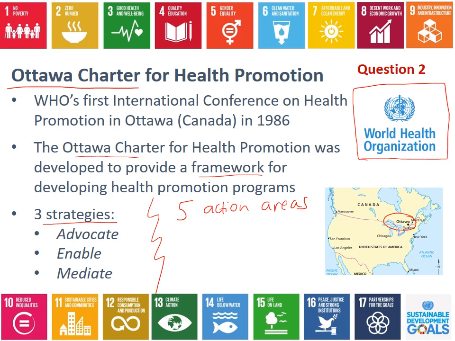What we'll look at next week is the 5 action areas. This is part of the Ottawa Charter as well, but it's more to do with specific things to do. Just like I said, I don't want to cover the action areas at all right now. I just want us to focus on these 3 strategies.